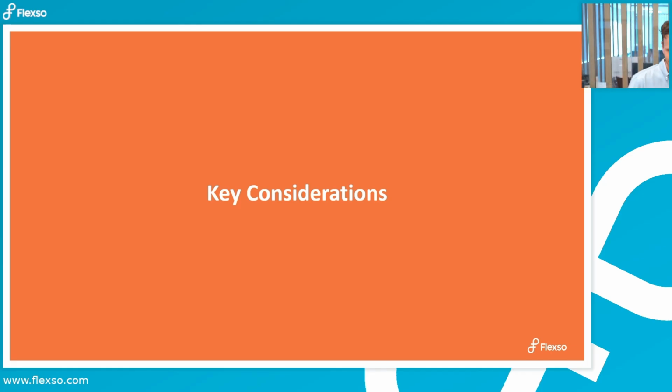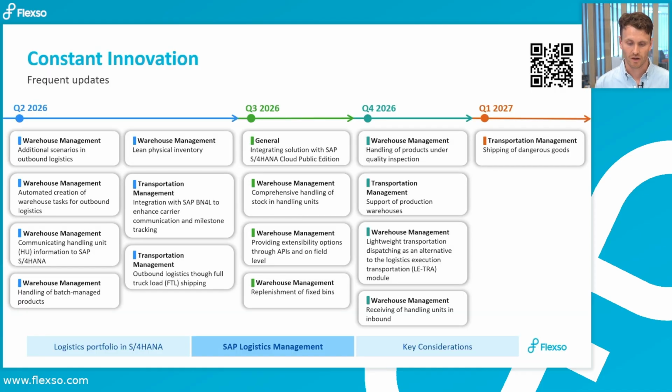Yes, thank you, Peter. Well, it's good to see that the roadmap is packed. So I think one of the main key considerations that we need to take here is that SAP Logistics Management is here to stay. If we check the roadmap, it still comes with some basic aspects as well: replenishment of fixed bins, lean physical inventory, Q2 2026.